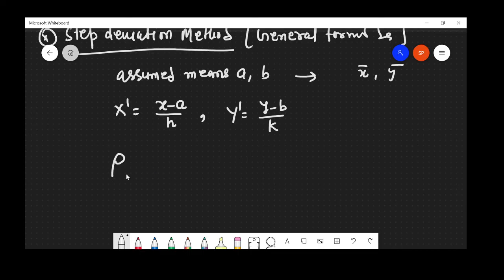Now we write the formula for the correlation between x and y in a simplified form.